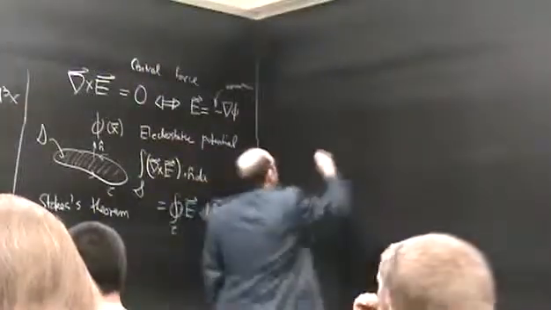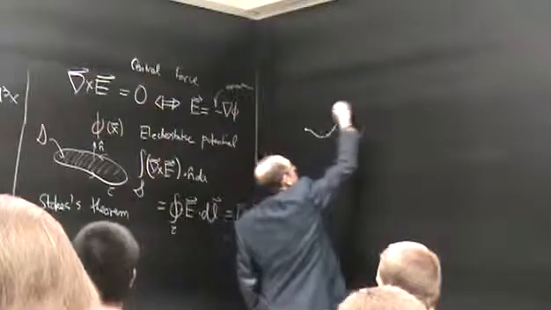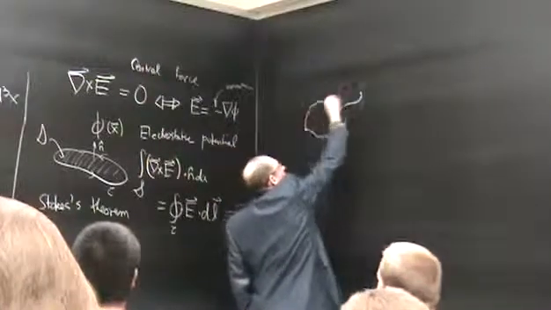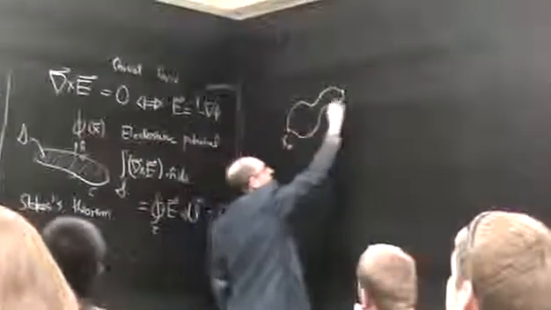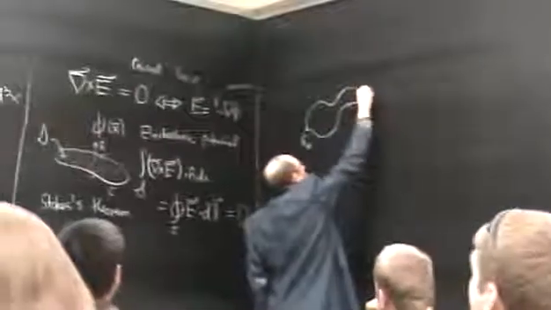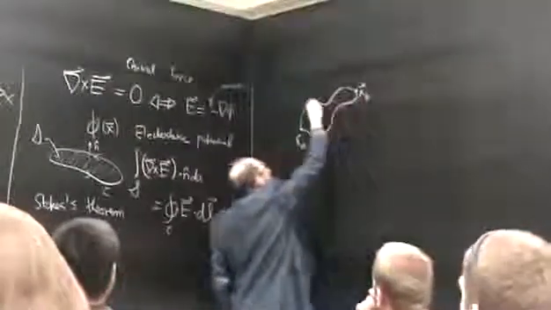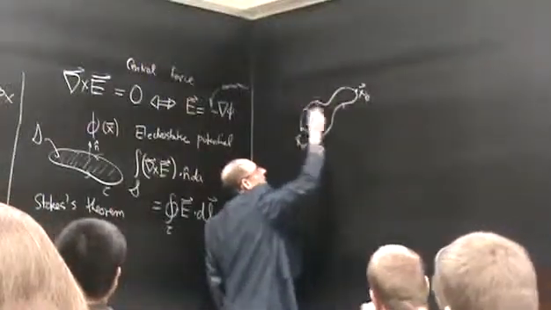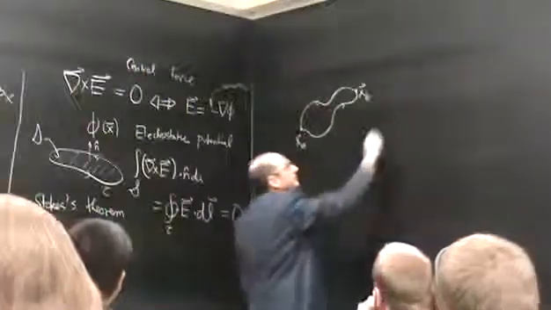What that means then, of course, is that the integral between 2 points of E dot dl is independent of path, right?